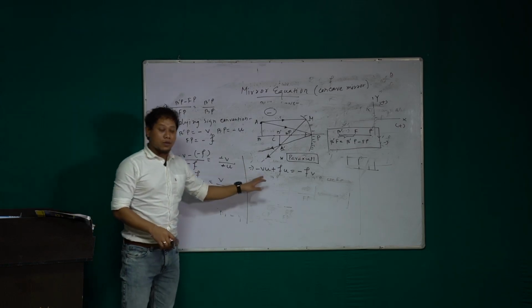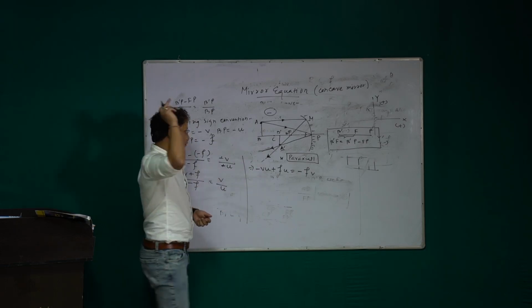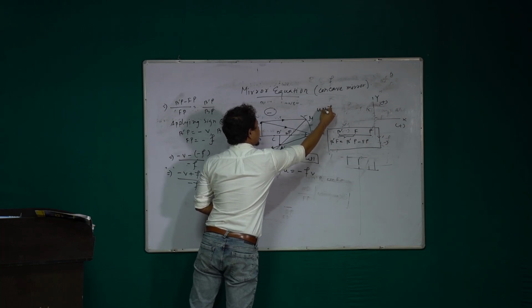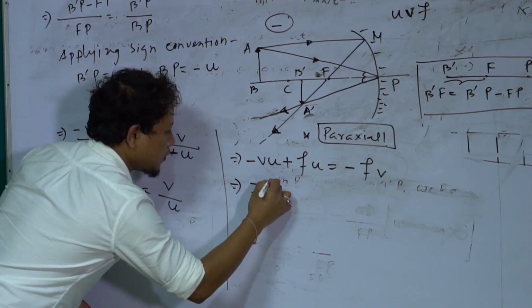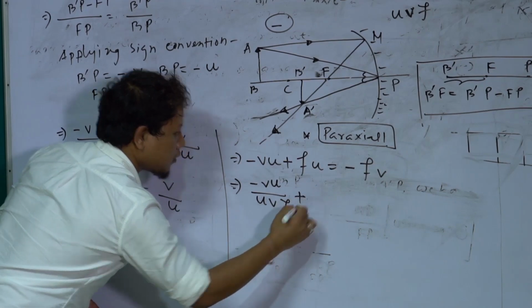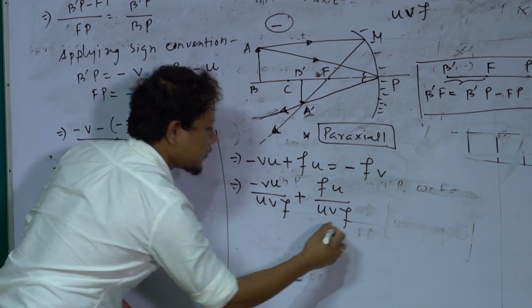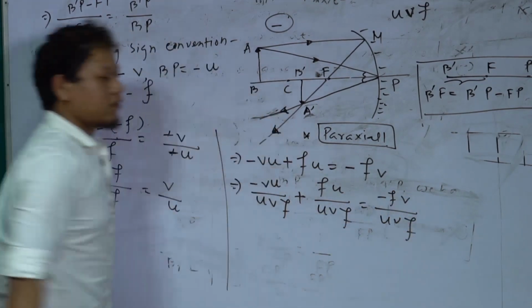Now next step, you can write dividing the whole equation by U, V and F. I'm not going to write this one because of shortage of time. So minus VU divided by UVF plus FU divided by UVF equal to minus FV divided by UVF. Is it clear?